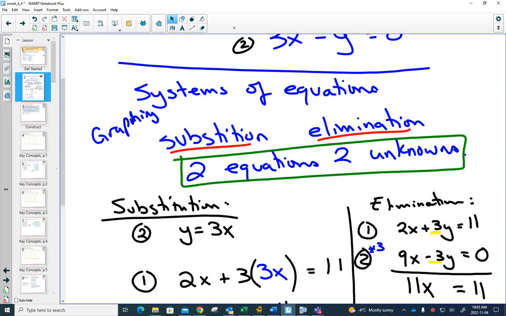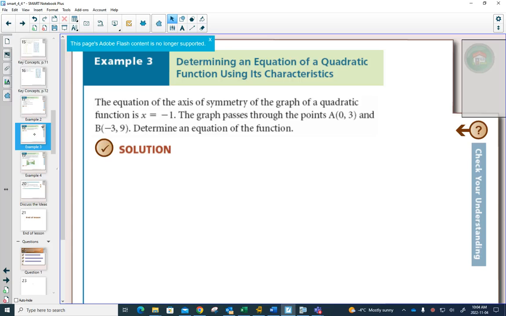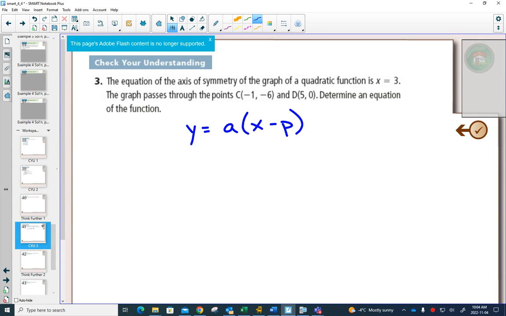And so we go to example 3, which is one of the hardest examples, I think, in this unit because of this. And we want to find an equation of a quadratic function. So we have learned already that a quadratic function written in standard form looks like this.